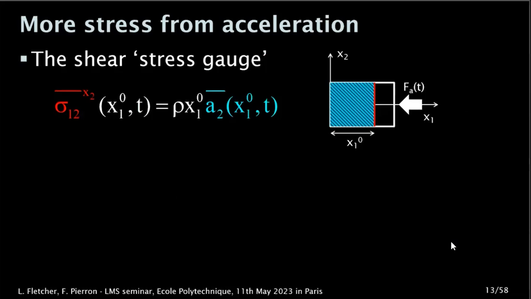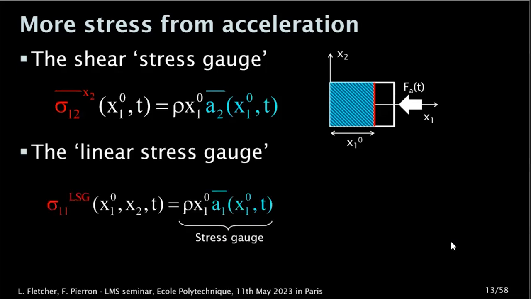And if you look at the rotational equilibrium of the section, you can then devise what we call the linear stress gauge, for want of a better word, but it's what we called it among ourselves in the group. Hence the notation LSG. This is composed of two terms.